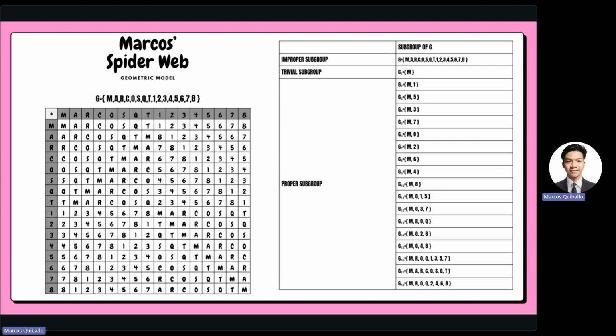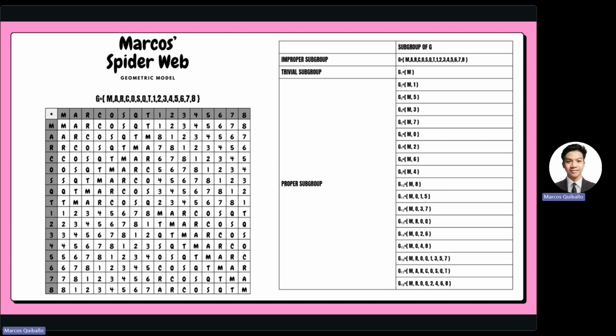And based on our previous discussion, our group table forms a group structure. So our set G is a group.